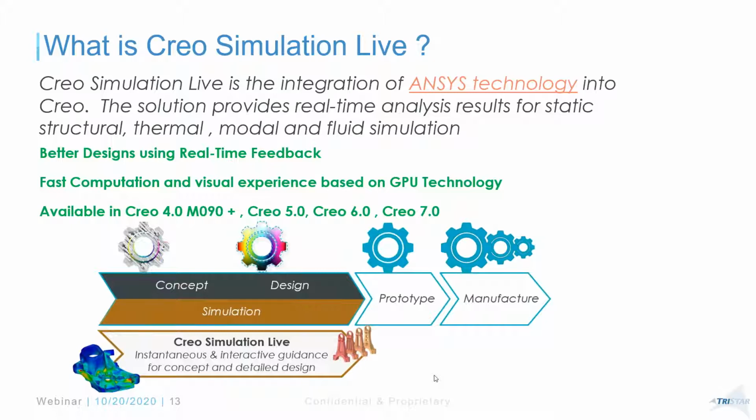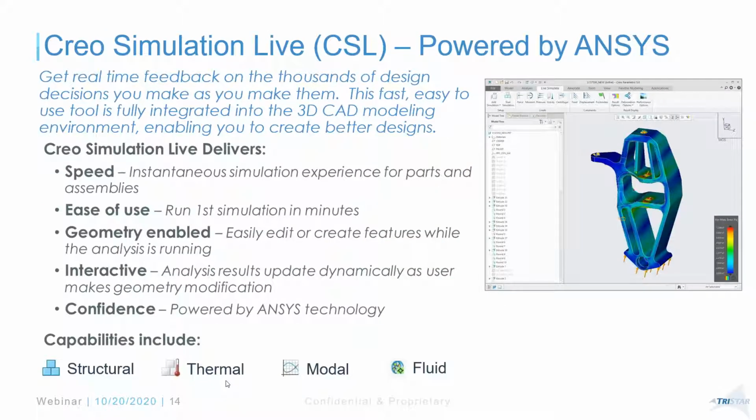And then, really quickly, just to give you some of the key benefits of why you would use Creo Simulation Live: it is the speed. That's one of the biggest ones. I'll show you some examples, and you'll see the speed with which you're getting instant feedback. It's literally running in minutes or seconds, regardless of the complexity of the assembly or a part.